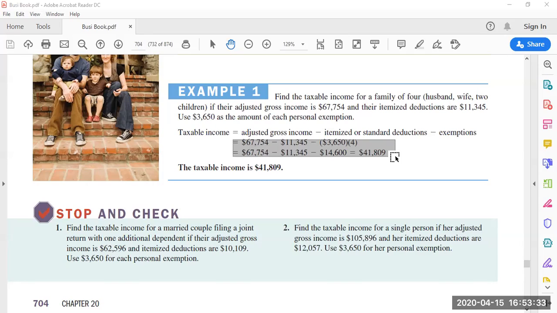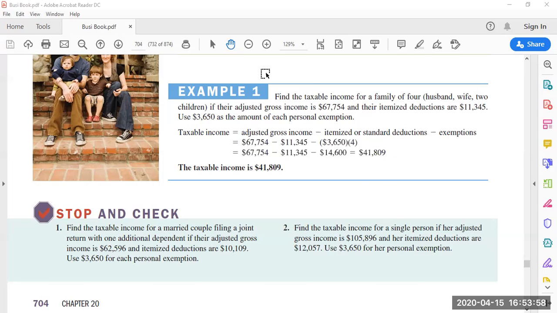Subtract that along with the itemized or standard deduction from the adjusted gross, and the amount of taxable income in this case is $41,809. This is the amount of money that they would use to calculate how much tax they should pay. Okay? I hope that made sense.